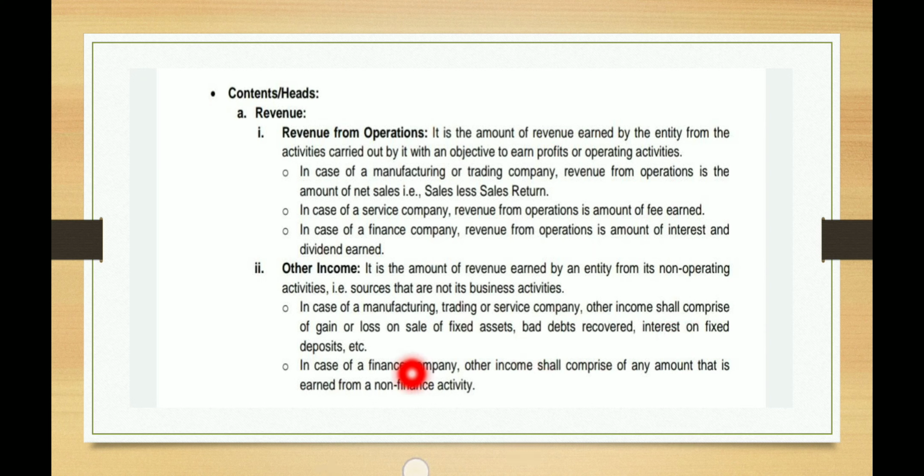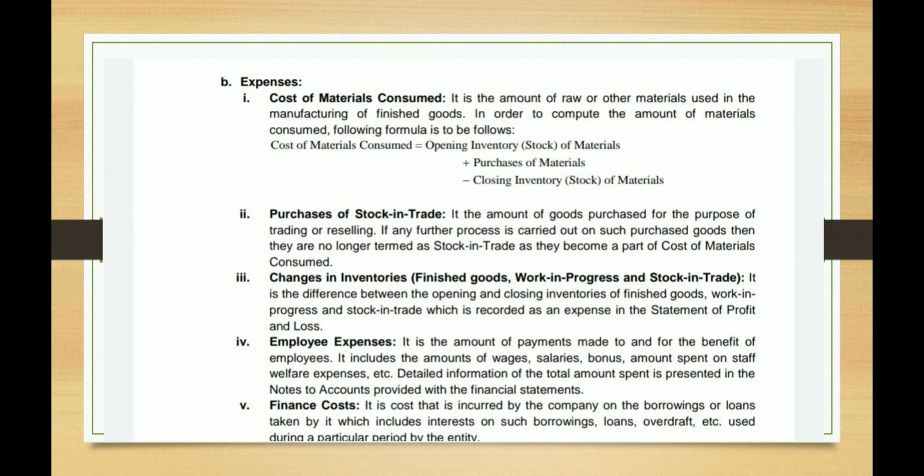In the case of a finance company, other income shall comprise any amount that is earned from non-financial activity. Okay, very simple, you can understand very easily. Now what are expenses? The cost of material consumed is the amount of raw material and other material used in manufacturing of finished goods.